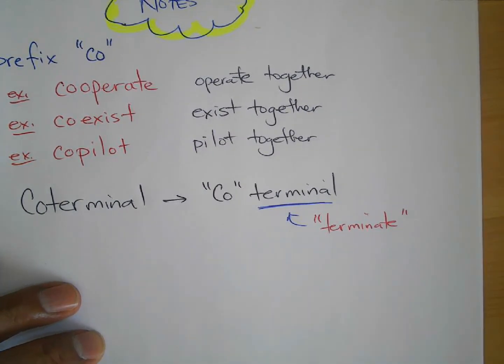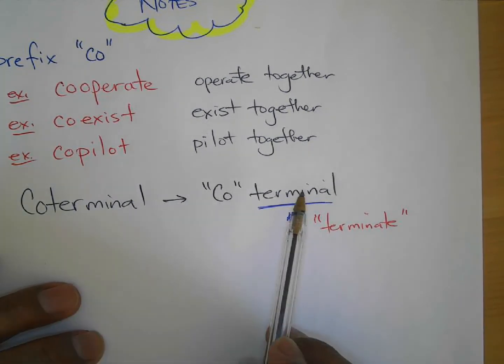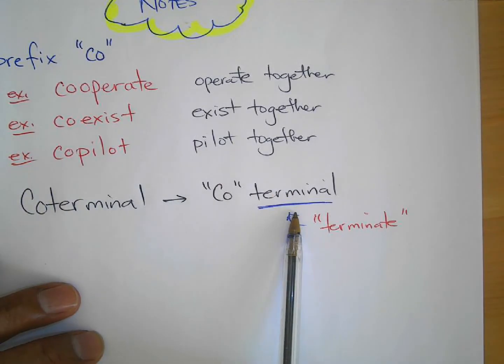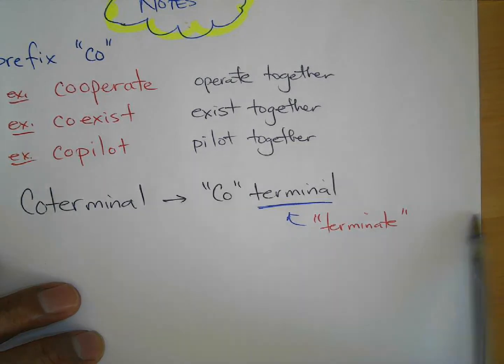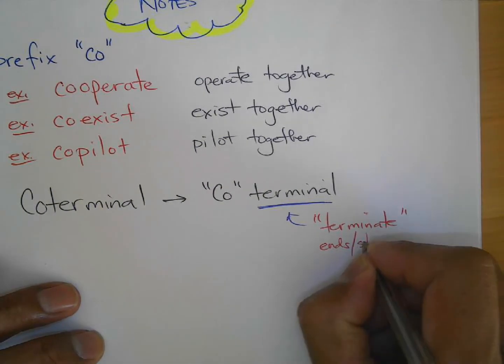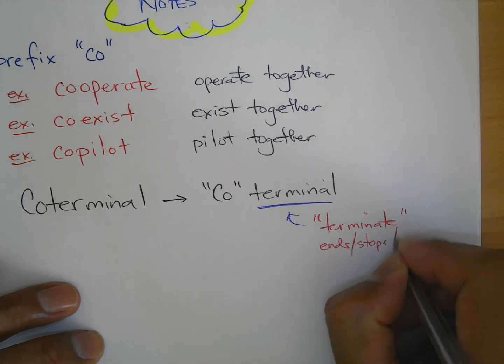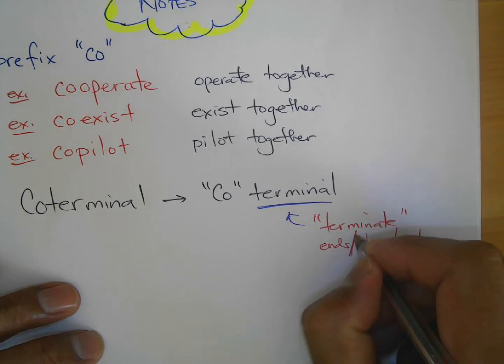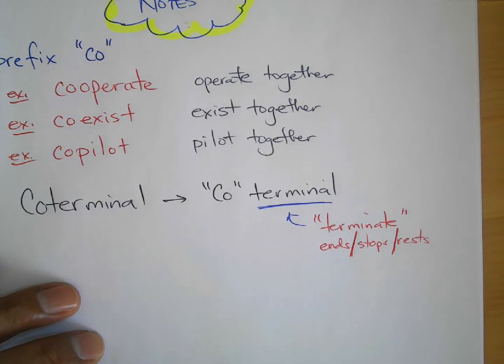Remember when you're drawing angles, you have an initial side, or where it initiates or where it starts. And then the other side, where the angle stops, that's called the terminal side, right? Where it terminates, where it ends, or where it stops, or where it rests, right? Where the angle ends or stops or it rests.